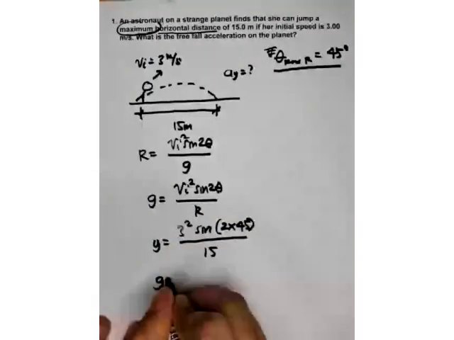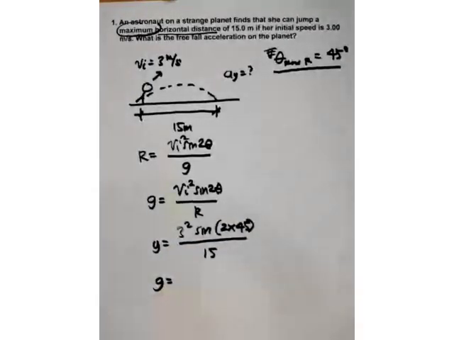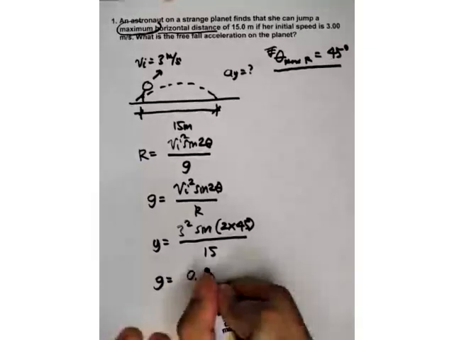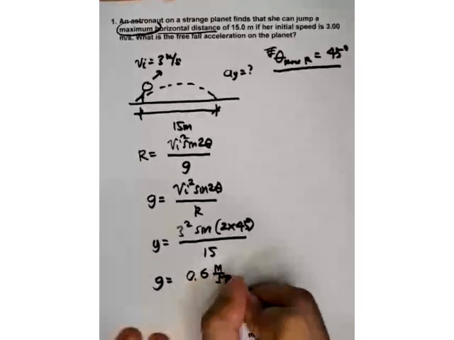So what is G? G is 0.6 meters per second squared.